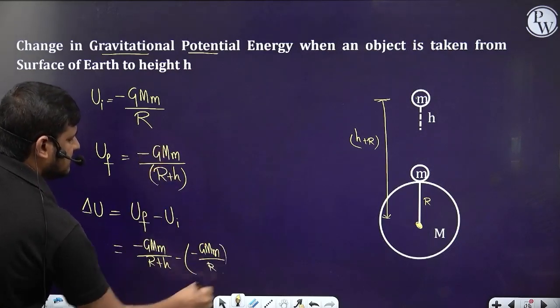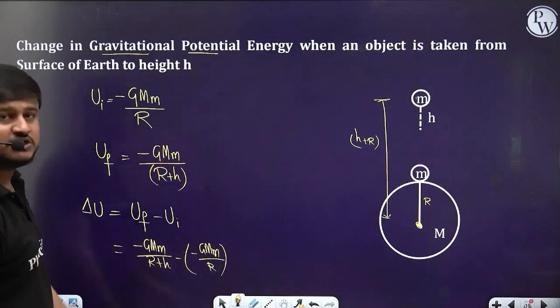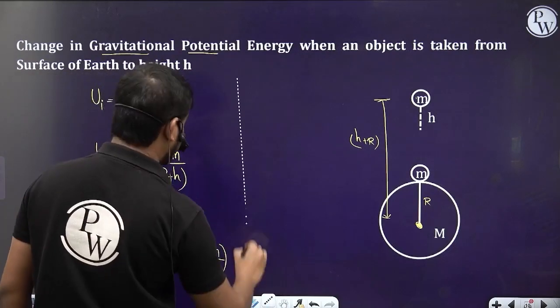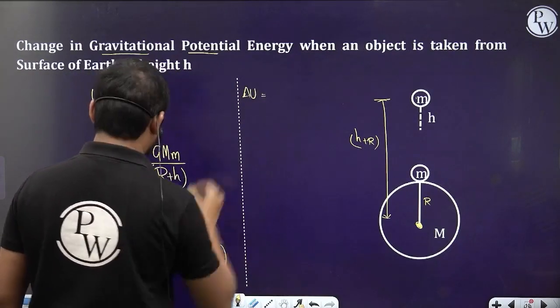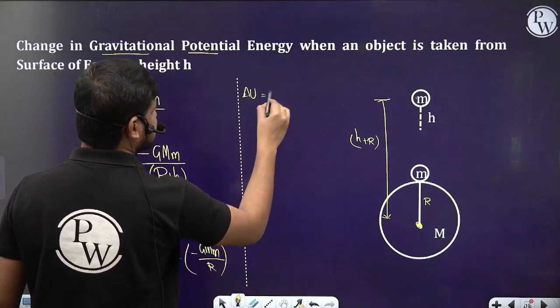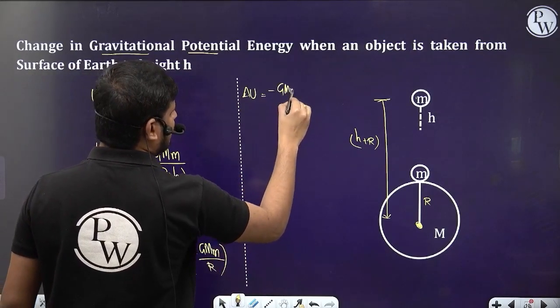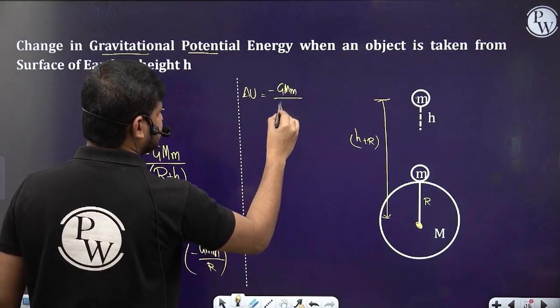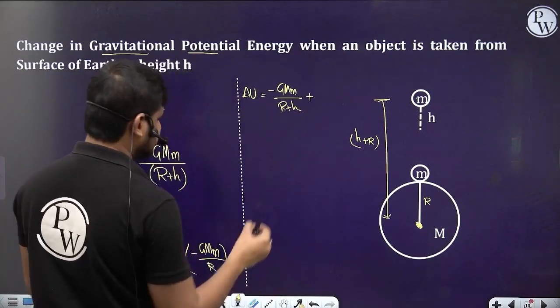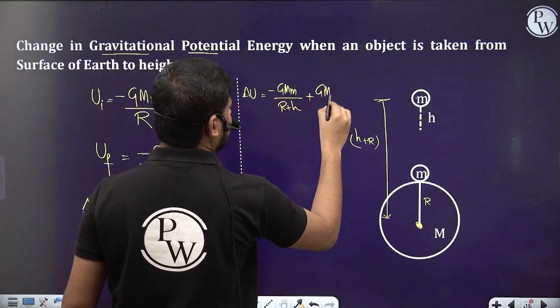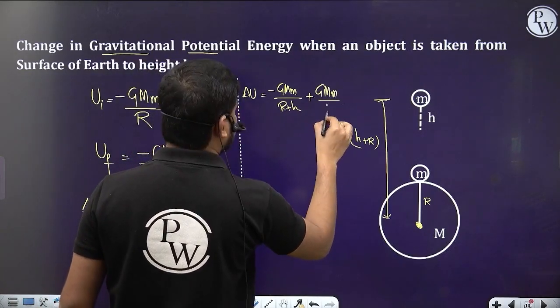That's it. So this is the change in potential energy. Now I can write here, delta U is equal to minus GMm by r plus h. So minus of minus, it will become plus, so plus GMm by r, right?